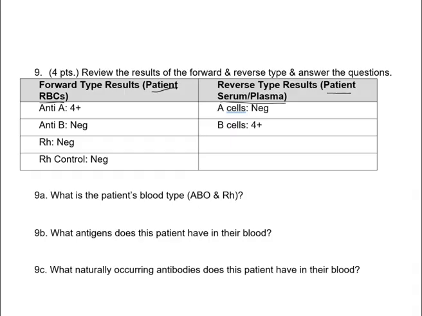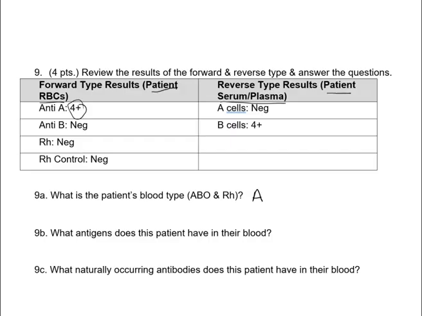Okay, so we can see they tested with anti-A, and you have a 4+, which indicates a positive reaction. So if you have agglutination and a positive reaction with the anti-A, that tells us automatically that there are A antigens on the red blood cells, correct?